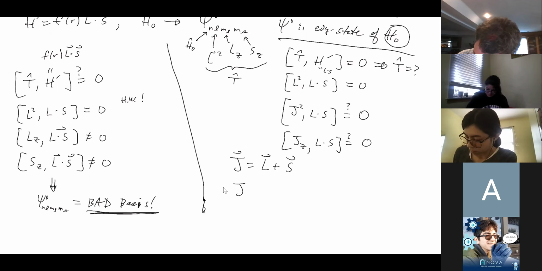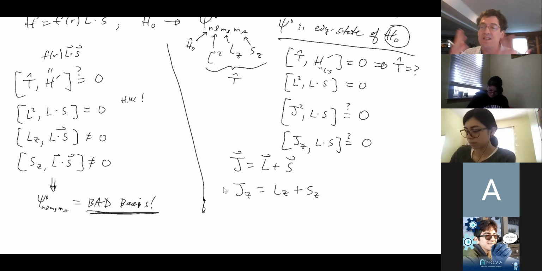JZ is the Z component of J, equal to LZ plus SZ. Okay, so let's define these new operators. And then we can calculate J squared in the usual way, L plus S dotted into L plus S.